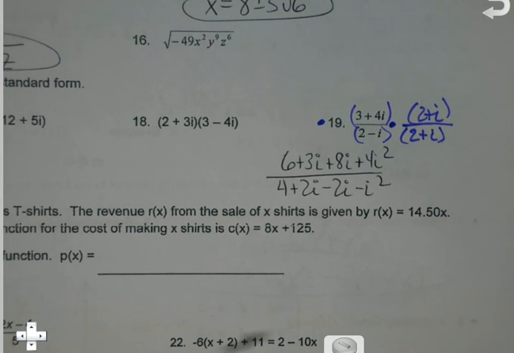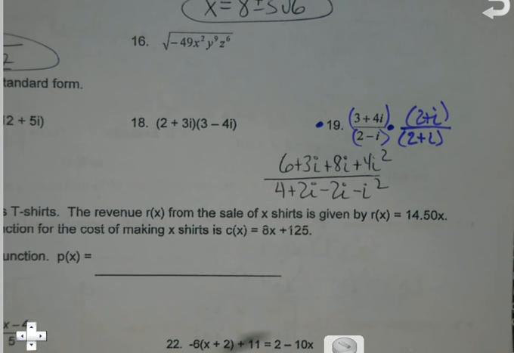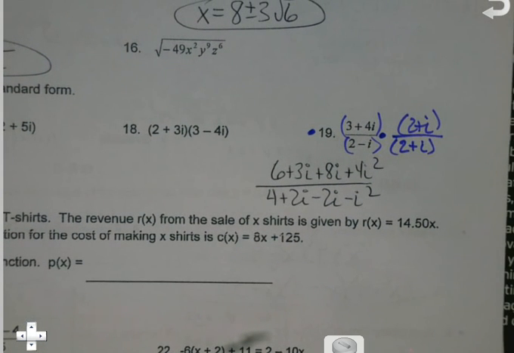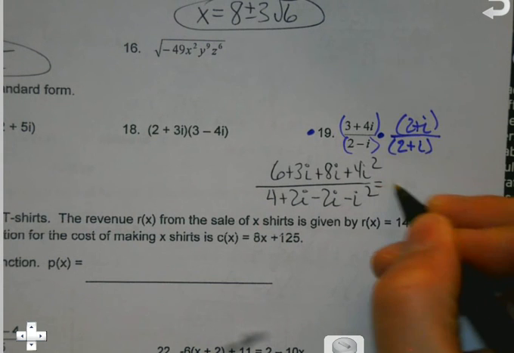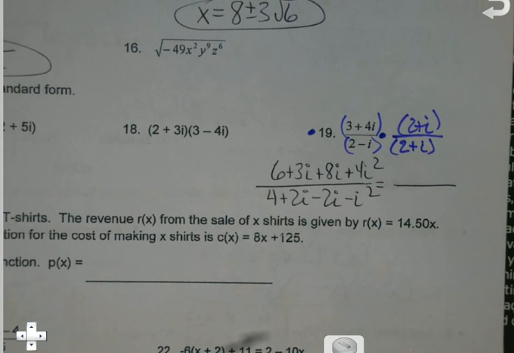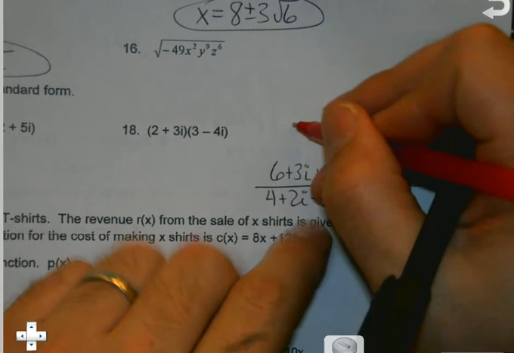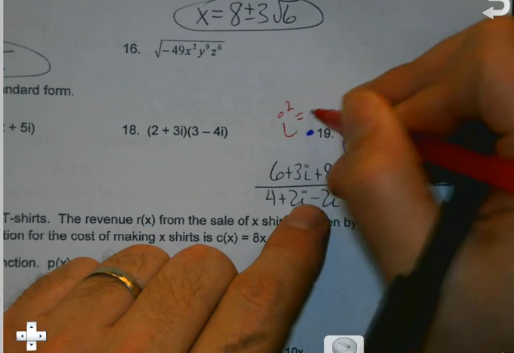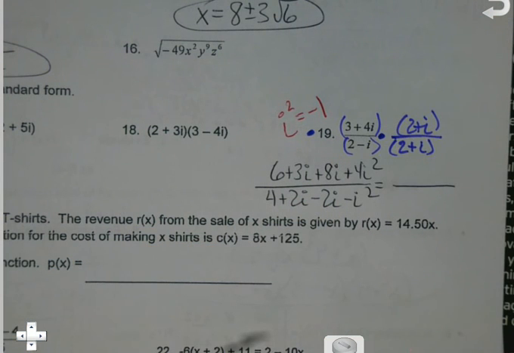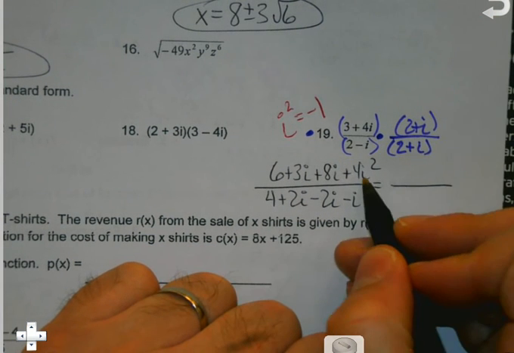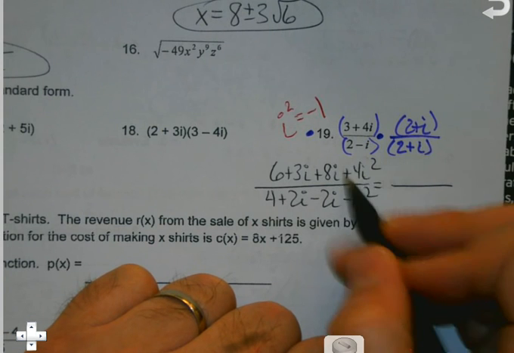Now, it looks like a big jumbled mess, but this is going to clean up really nicely, really quickly. But before I can do that, one last question. What's i squared equal? Okay, -1. So up here, 4 times -1, this is really -4.